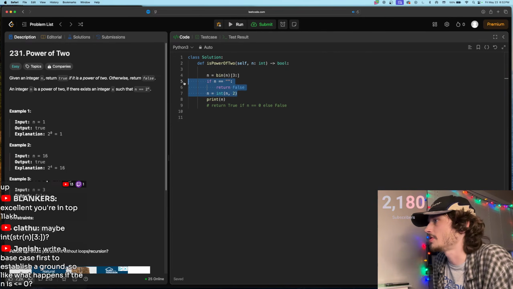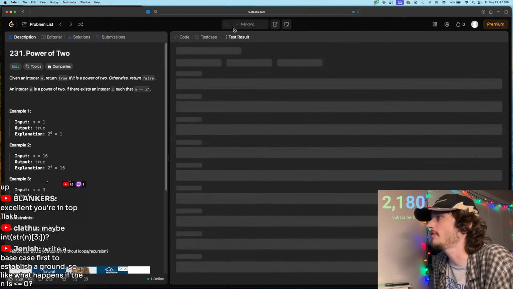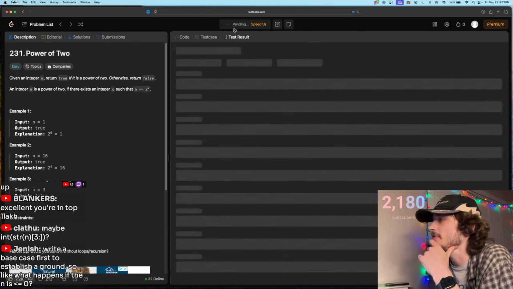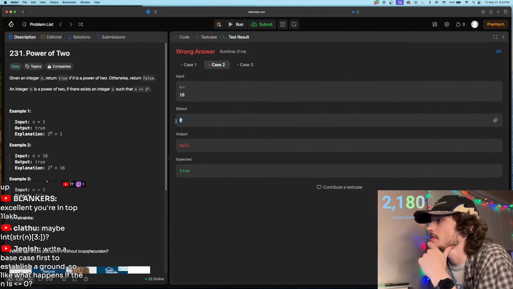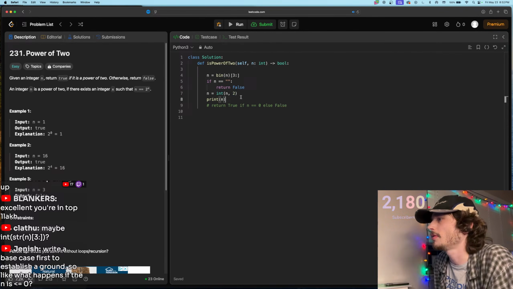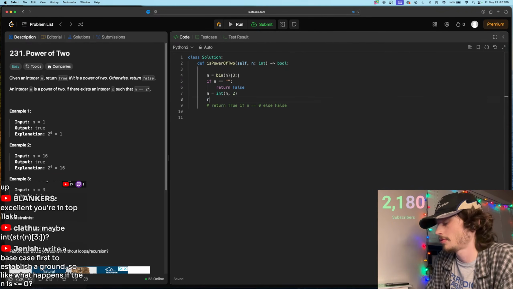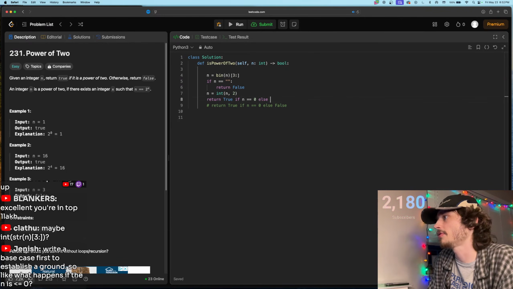And then else we'll convert here and we'll print. So let's see what happens. 0, 1. Okay. Return true if n equals 0, else false.